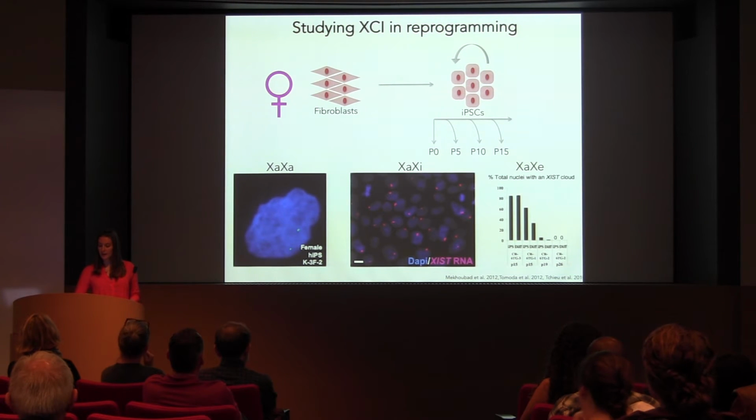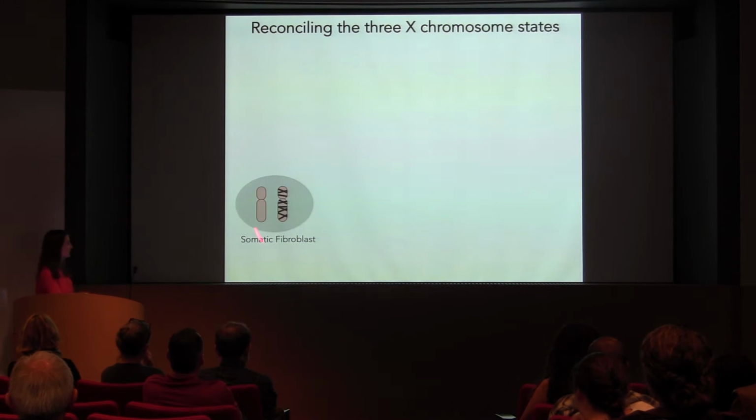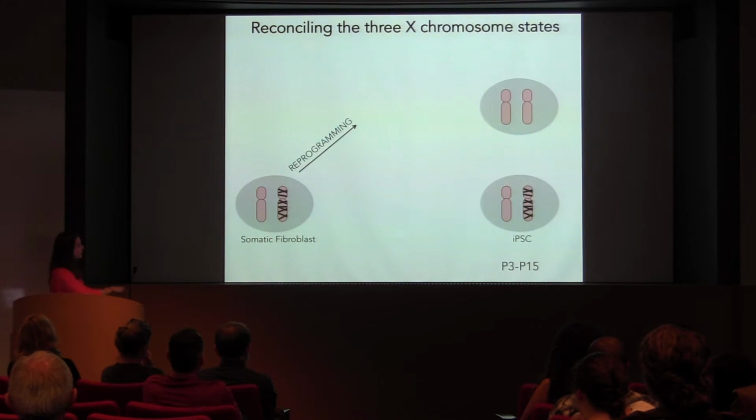And so it seemed to me that if we know what's going on in a somatic fibroblast here, we know it has an inactive X chromosome, and we know that we reprogram and we end up with 2 different states at the other side, 2 active X chromosomes, or 1 inactive, 1 active. But we're looking way out here at passage 15.